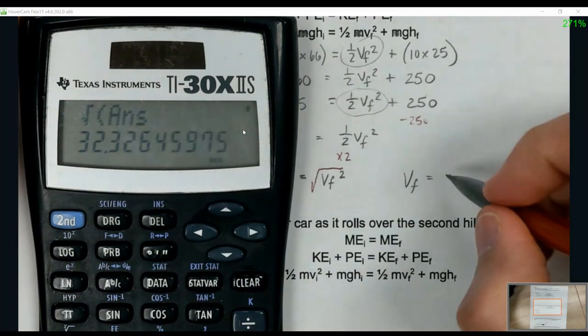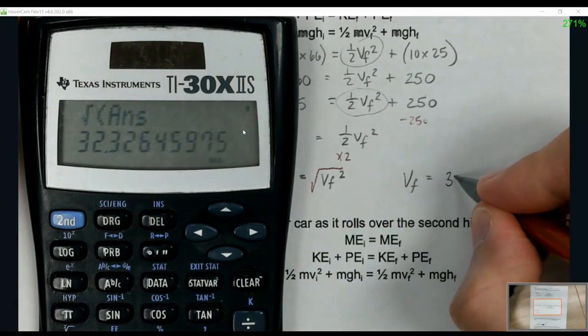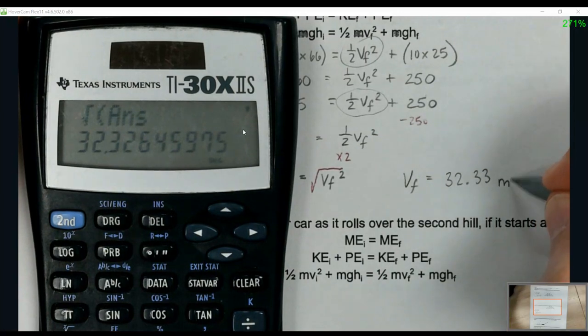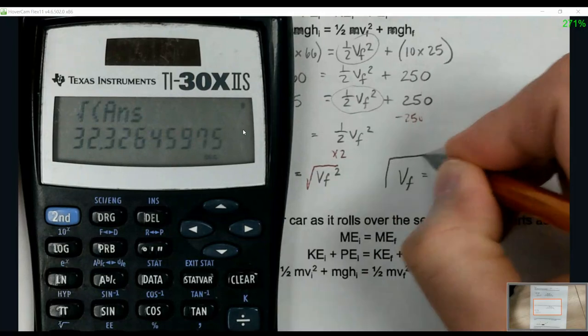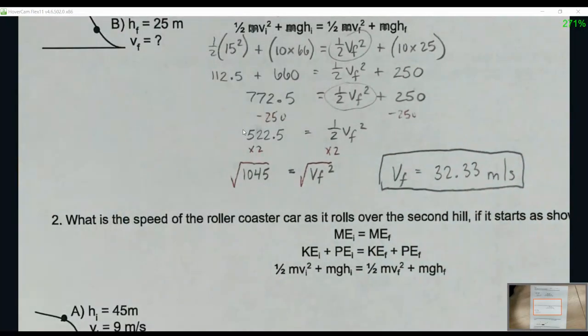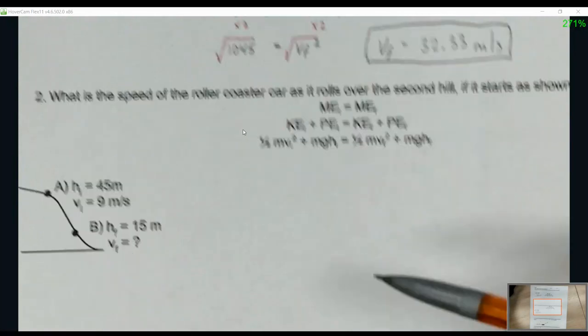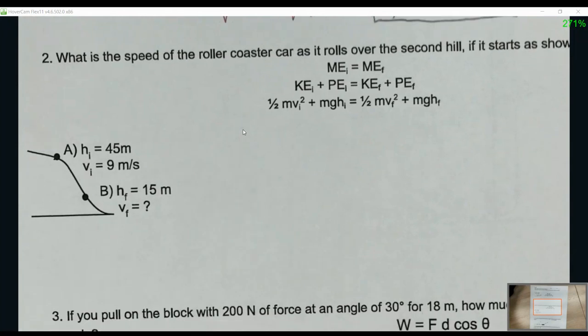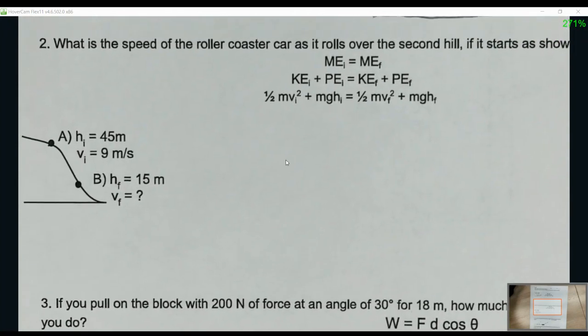We'll round it to 32.33, and the unit will be in meters per second. You would do the same thing for this problem.